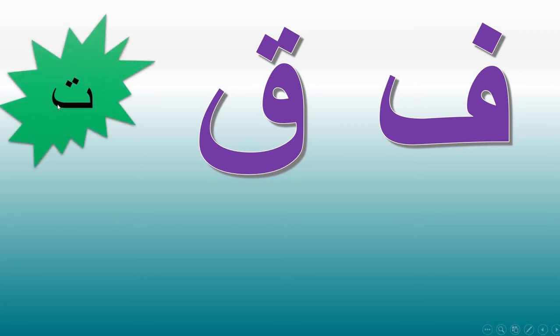Yes, letter Ta. Letter Ta has two dots, but you can see that Qaf has a circle part at the top. Ta doesn't have any circles. So Ta, two dots, yes, but without this round shape.